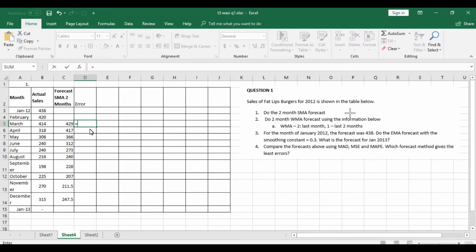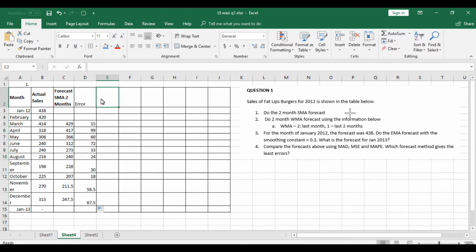So I have to avoid negative numbers, so I will use the command ABS, and I will choose whichever number, smaller or greater, no matter, just subtract it from the forecasted. So you can see that I got a positive number here. Just drag it down until December.